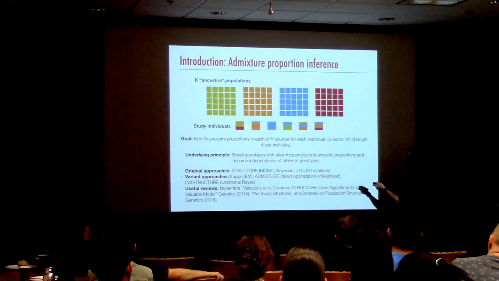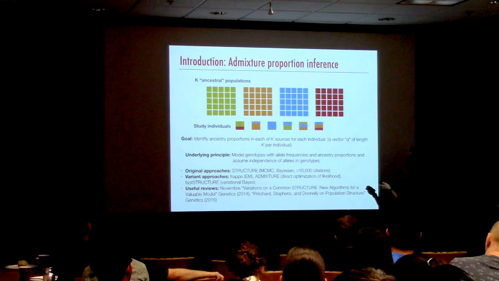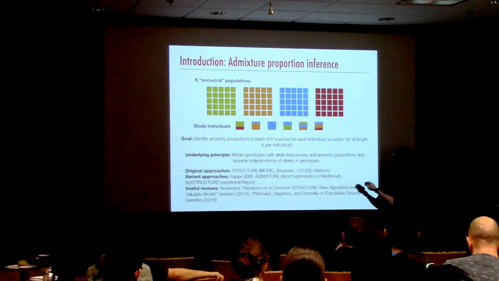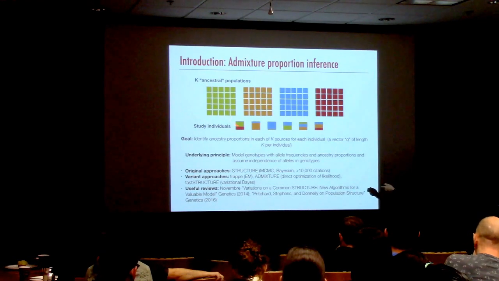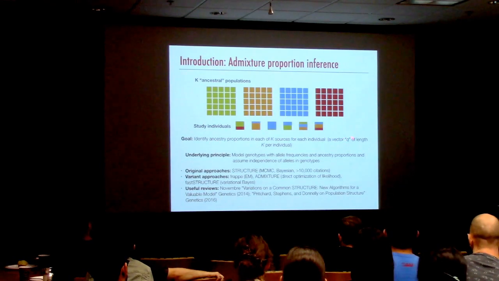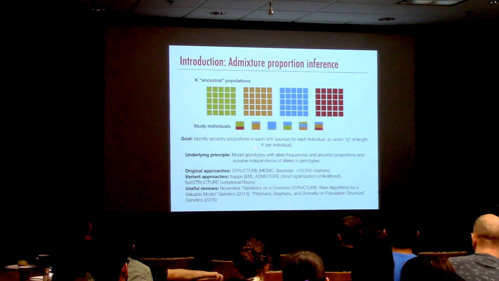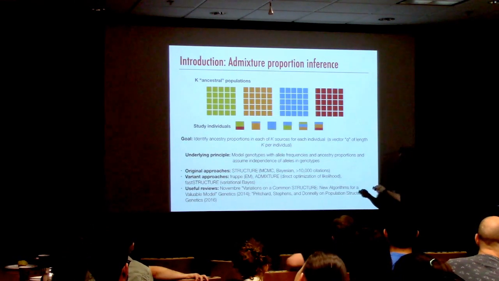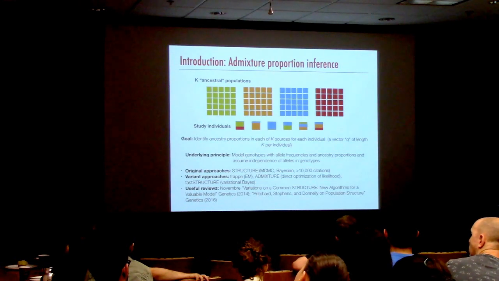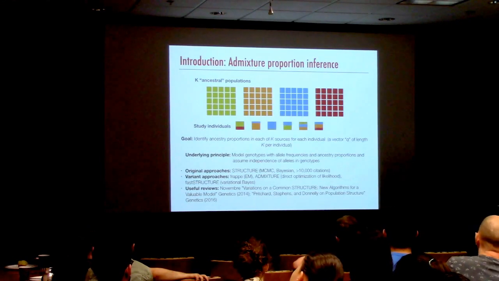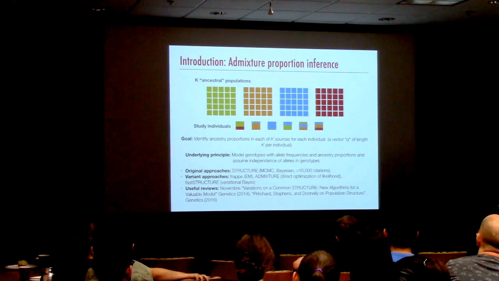This one, 90% from this one, 10% from this one. This is a stacked bar chart representing this vector of admixture proportions, and the goal is to estimate those admixture proportions. It's a vector often labeled Q of length k per individual. The underlying model models genotypes with allele frequencies in each of the populations and ancestry proportions, and basically the only assumption in this model is that the alleles are inherited independently.